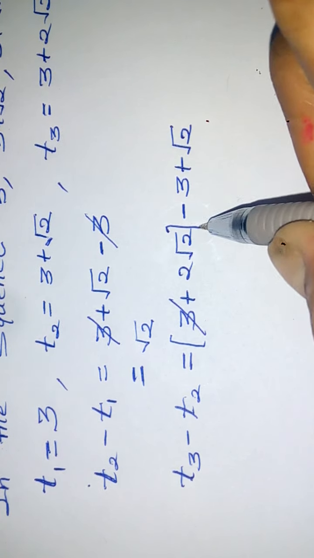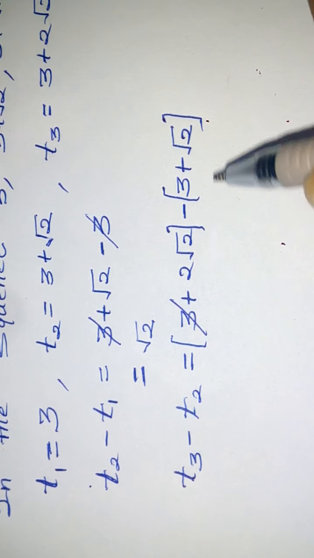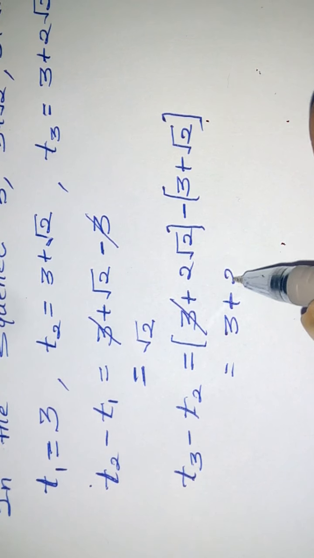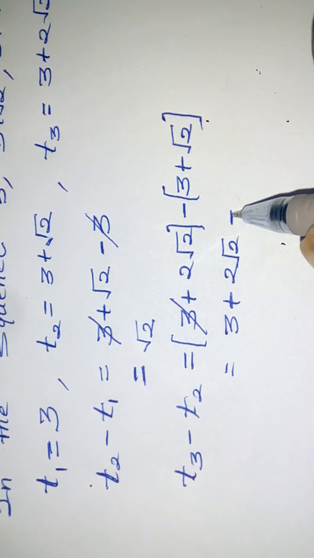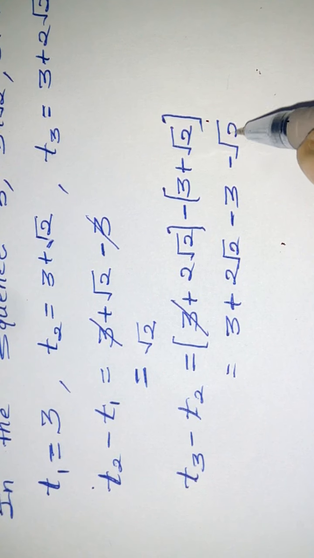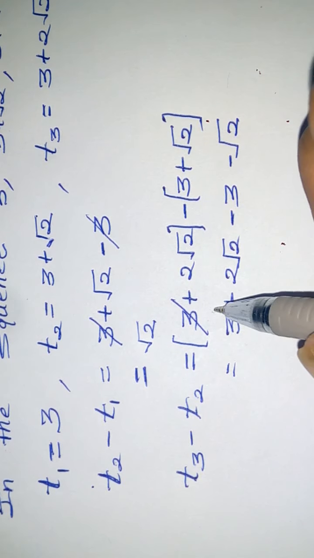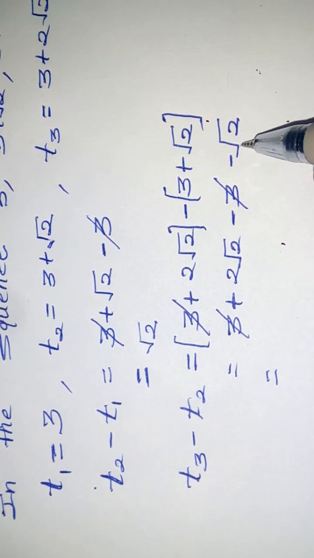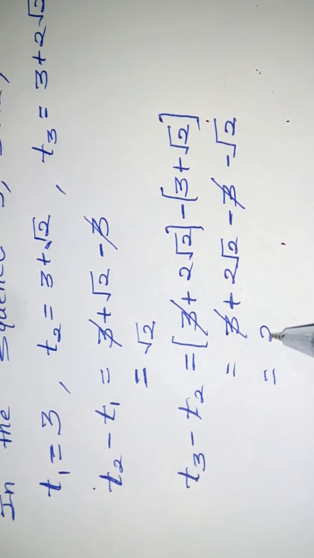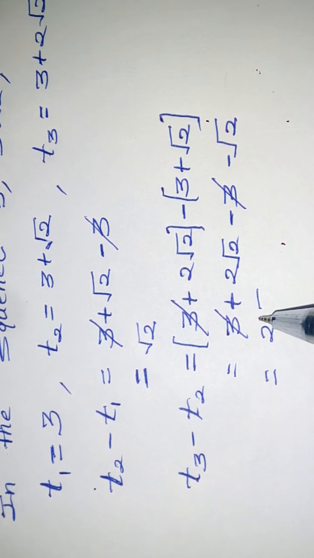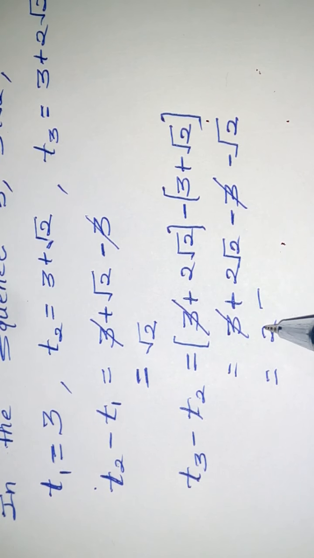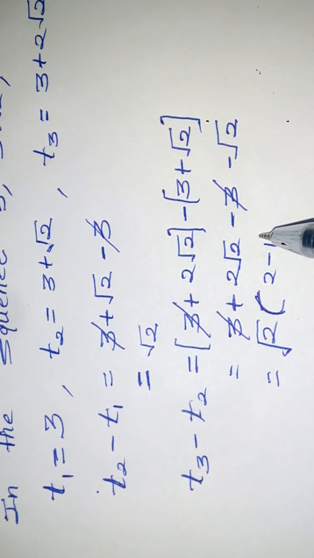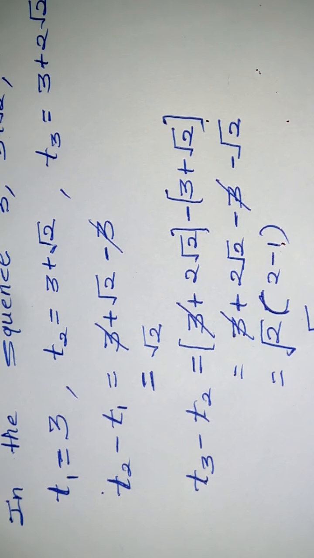First we take it in brackets for convenience, so the signs change. 3 gets cancelled. 2 root 2 minus root 2 means root 2 times (2 minus 1). It means only root 2.